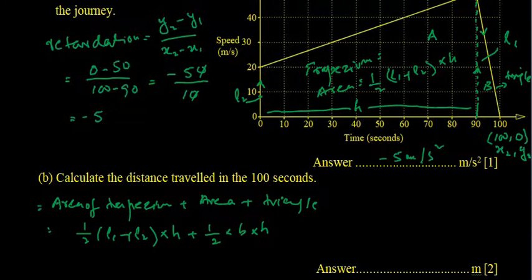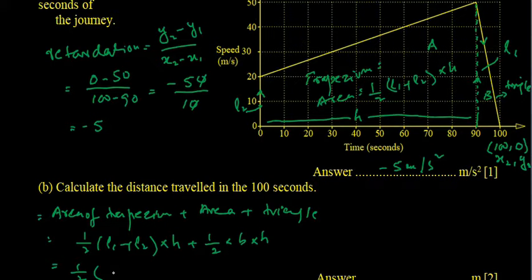Now moving forward. So 1 upon 2, this is L1 and it is 50, plus this is L2, which is 20, multiplied by the height. The distance between the two is 90, plus half of the base. The base is 10 and the height is 50.